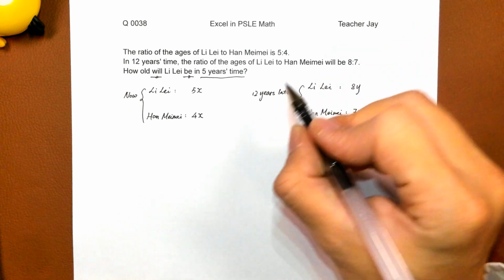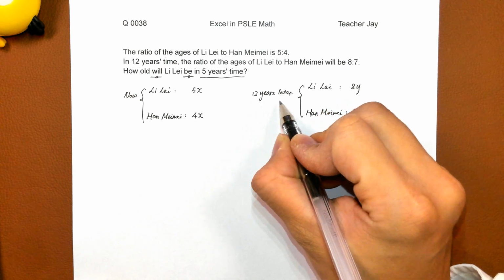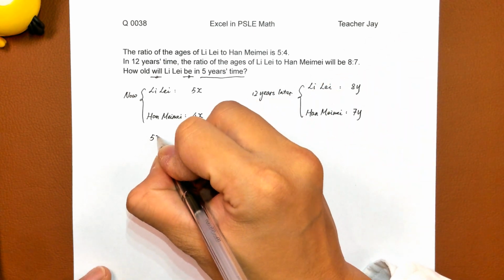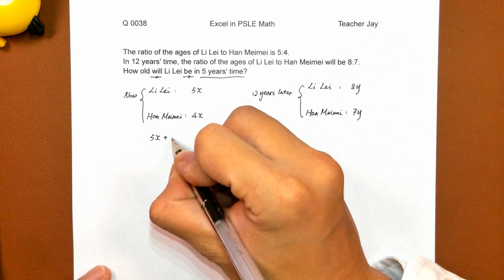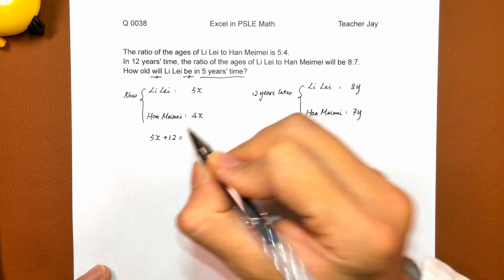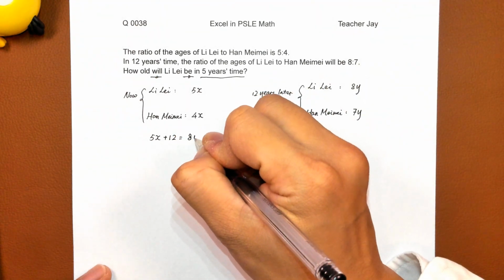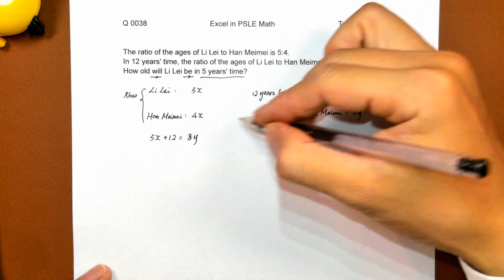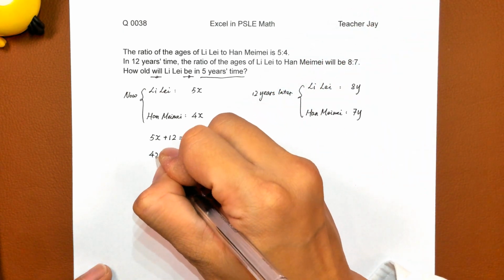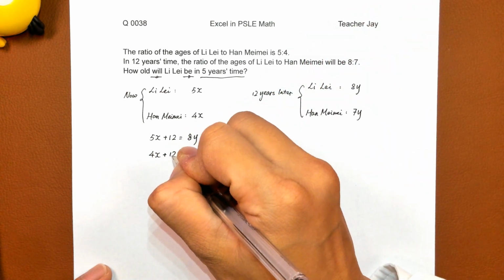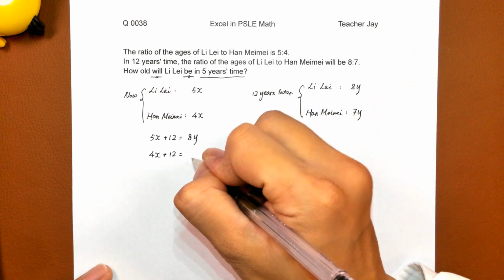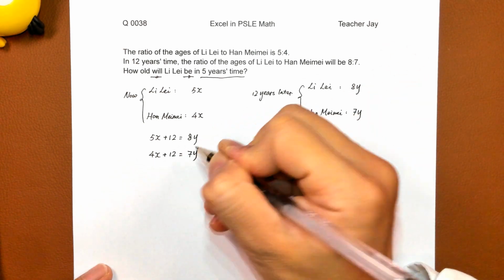That means 12 years later, 5x plus 12 equals 8y. And Han Mei Mei's age, 4x plus 12 equals 7y.